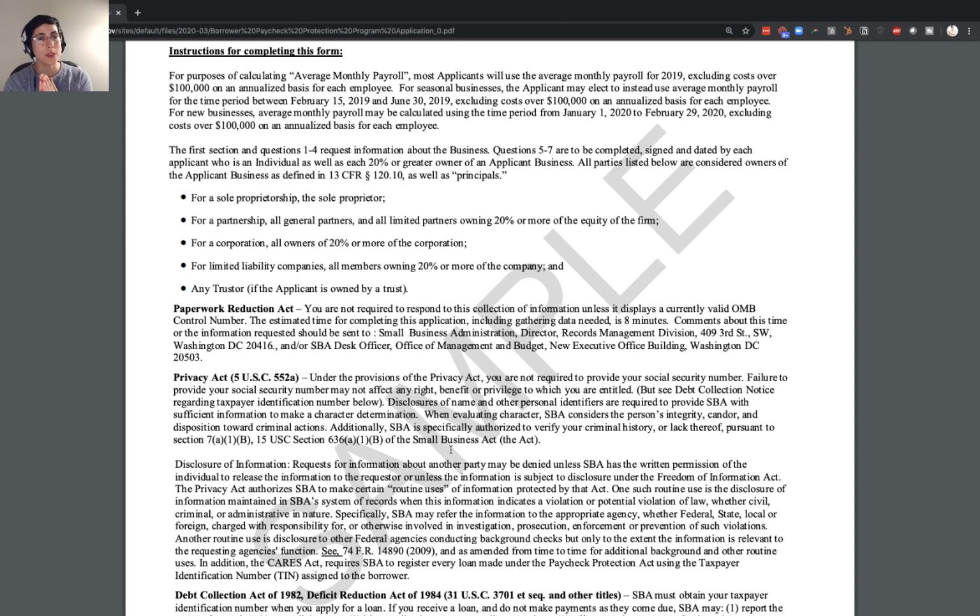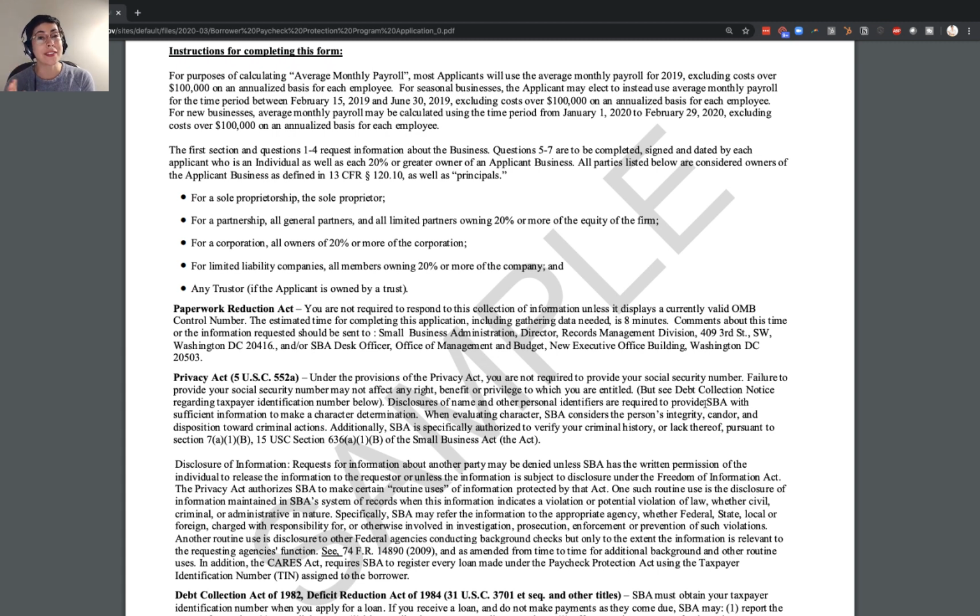So this gives you some general guidance as to what the SBA is expecting to be on loan applications, but your loan application will probably look different than this. The lender is probably going to have something on their letterhead or on their website where you're doing it online. So this is a great primer for what you can expect, and you can start gathering your documents now so that by the time you're ready to apply, you've got it.